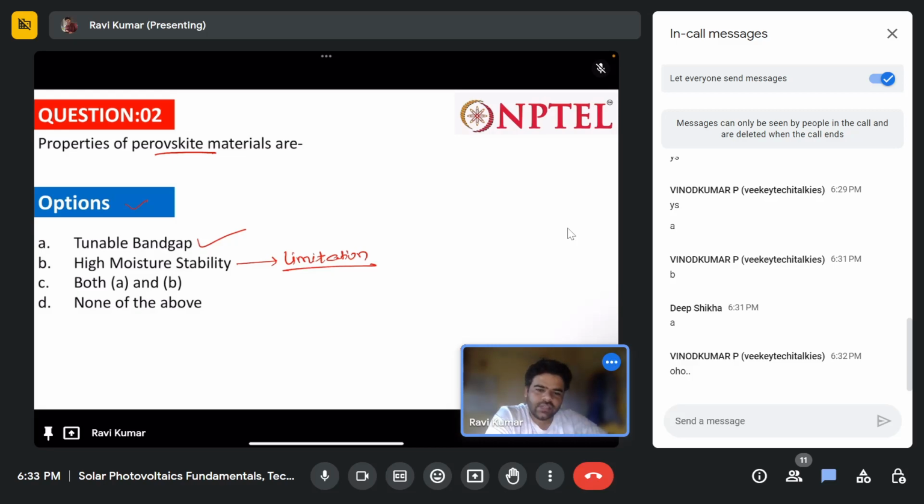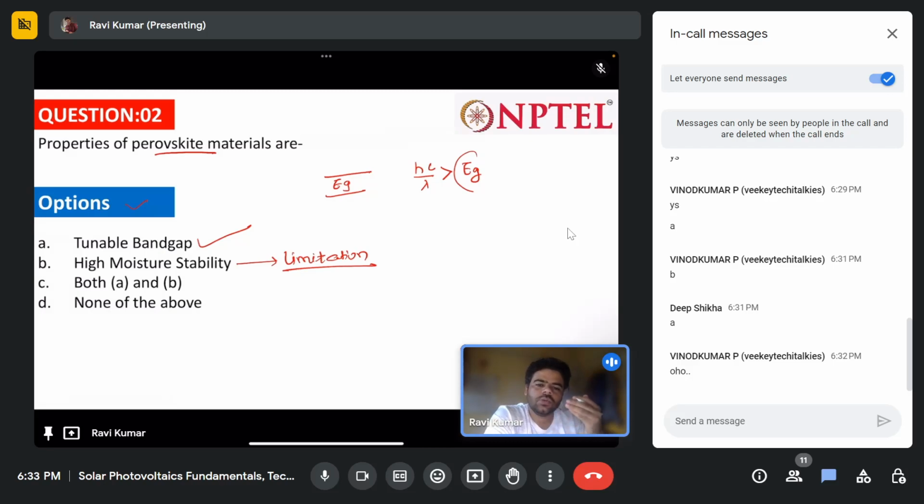In a crystalline silicon solar cell, the band gap is fixed. And if the band gap is fixed, what is the limitation? Just think out of the box. We have Eg, and the cell can only absorb light with hc by lambda more than Eg. What if we can tune this Eg? Then we can absorb more and more sunlight.